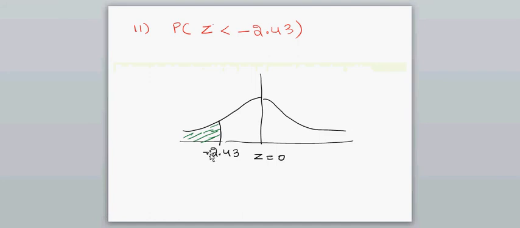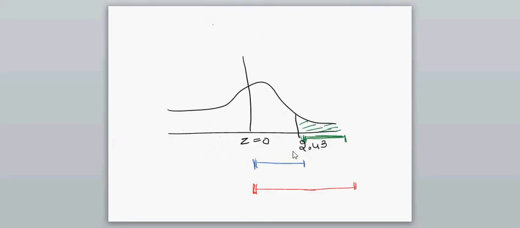And it can be written in the same way: the area left of minus 2.43 is the same as the area right of 2.43. So instead of minus 2.43, if you write it on the right side of z equals 0, write it as plus 2.43. Now I want the area which is in the green color shaded portion, this one.